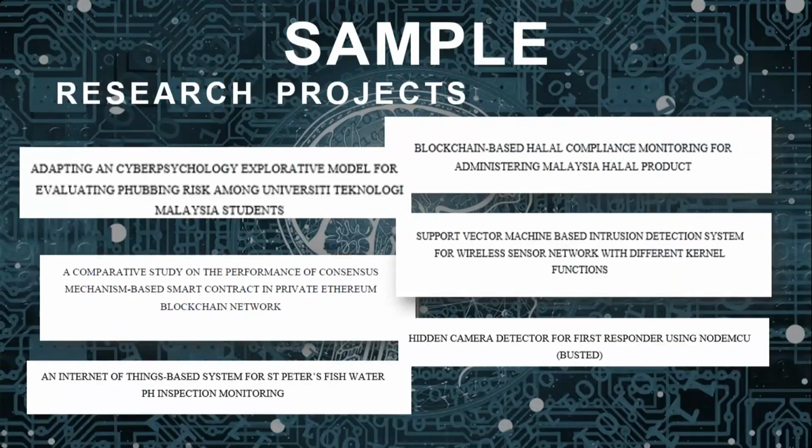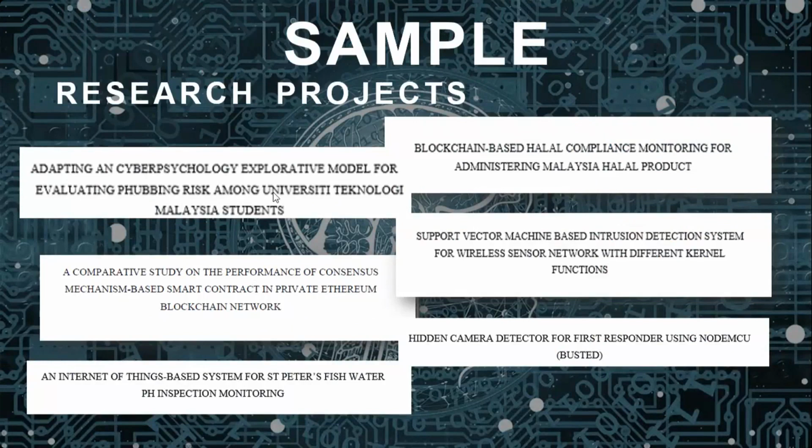Okay, these are some examples of research projects. I think on the PSM website, Ms. Hazina already shared the list of previous projects that can give you some idea of the potential research projects you might propose.